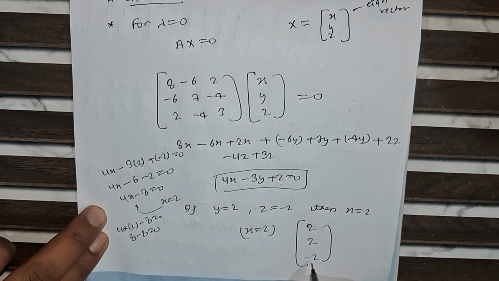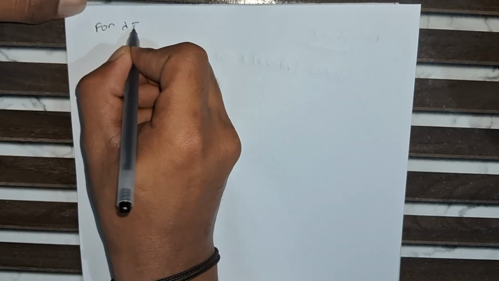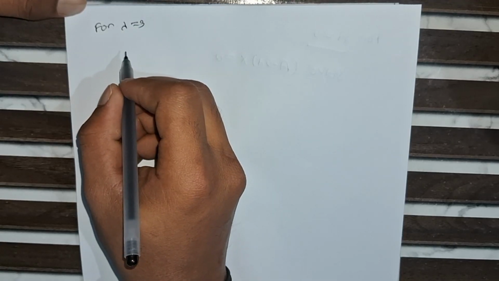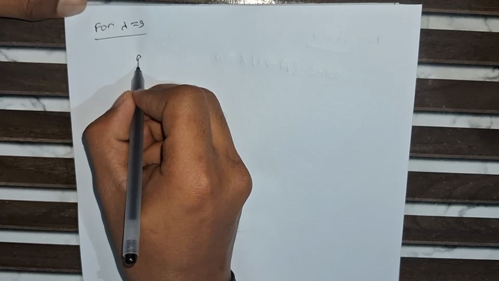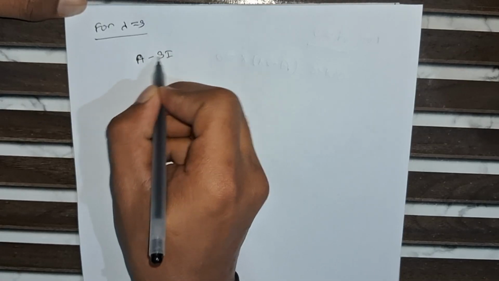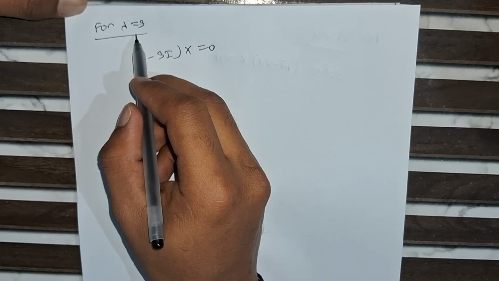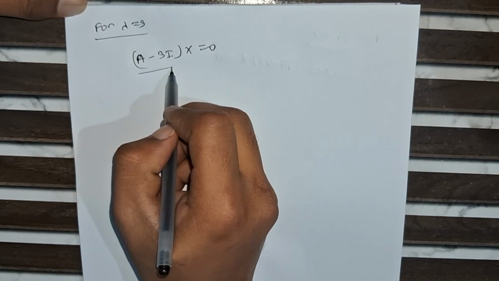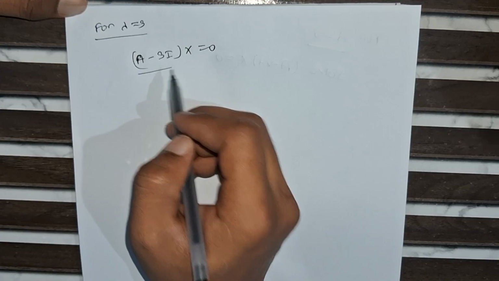Now we are finding the eigenvector for lambda equals 9. So for lambda equals 9, what are the eigenvectors? For lambda equals 9, we are solving (A minus 9I) into x equals 0. Here the lambda value is 9, that's why we are solving this. In the first case, lambda equals 0, that's why we could directly solve it.